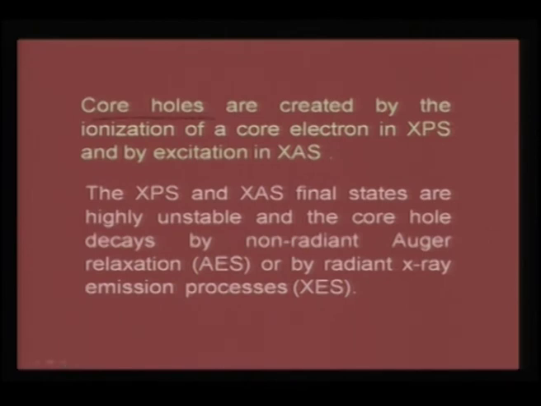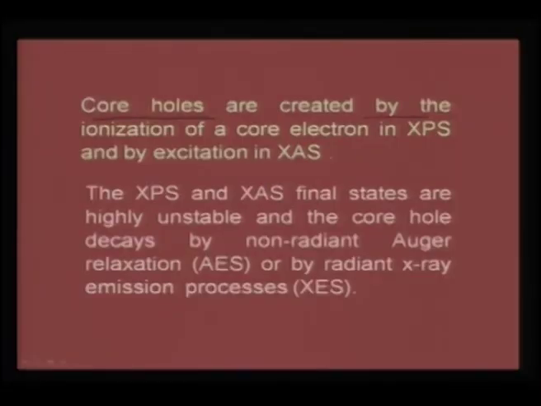Core holes are created when a core electron is knocked out, by ionization, and that forms the basis for X-ray photoelectron spectroscopy. Core holes are created by ionization by the incident X-rays in XPS, and core holes formed by excitation of an electron form the basis for X-ray absorption spectroscopy.